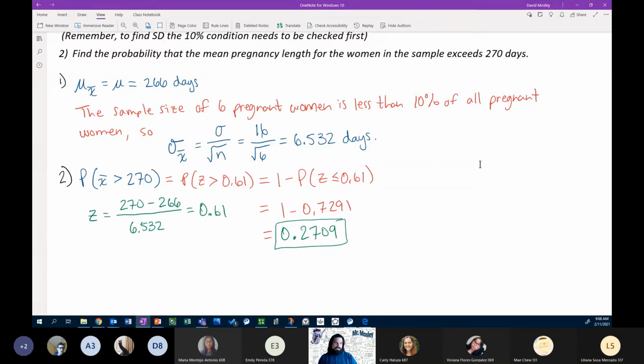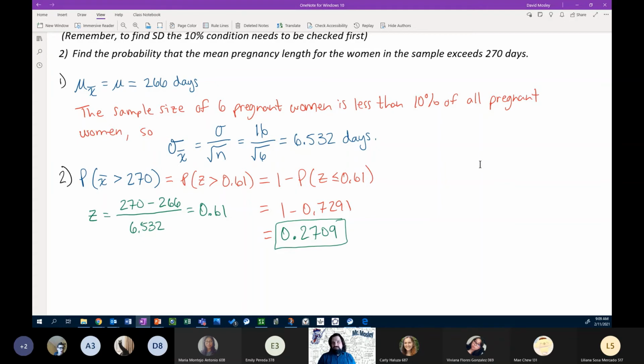For this example with the pregnant women, it's somewhat obvious that there are going to be more than 60 pregnant women at any point in time in our population. Now we could, if we really wanted to, go find numbers. That takes more work than we want to put into this type of calculation as far as the class is concerned. So it's not provided, and it logically makes sense that our sample size is less than 10% of the population. Then we just need to state that fact.